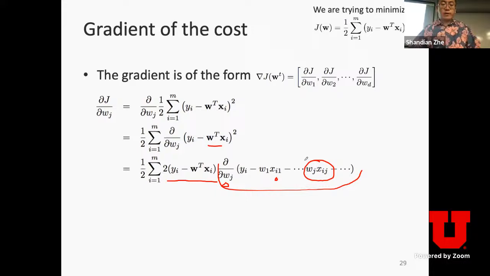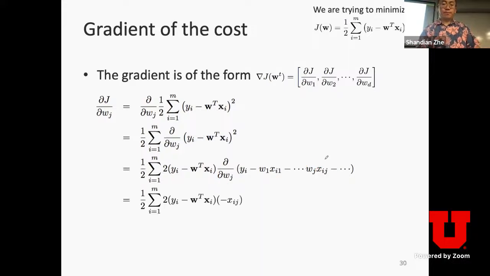If you take the derivative with respect to Wj, it becomes xij. So for each i, the partial derivative of yi minus w transpose xi will be minus xij. Now you just sum over the partial derivatives for every example i, and you get the total partial derivative with respect to Wj.